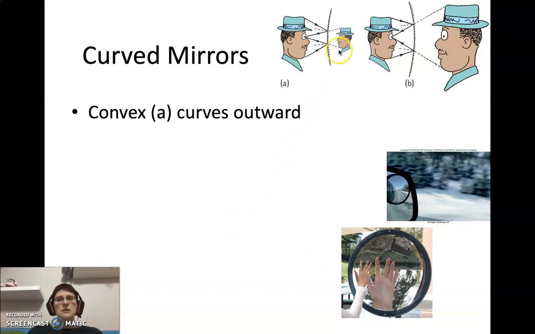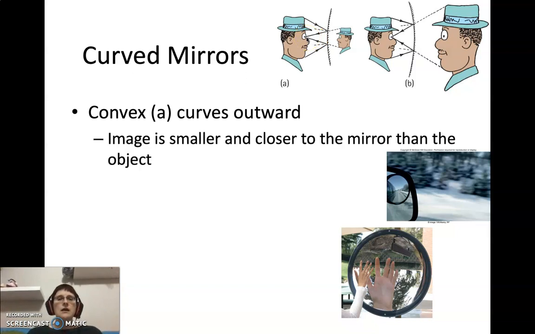Convex mirrors are what you're seeing over here in diagram A, where the curve goes out, so the mirror is curving towards you. And you can see the incident rays are coming in, and then when they bounce back towards your eyes, they are going to change what the image looks like. Because what has happened is those rays are being pulled closer together because of that convex curve.